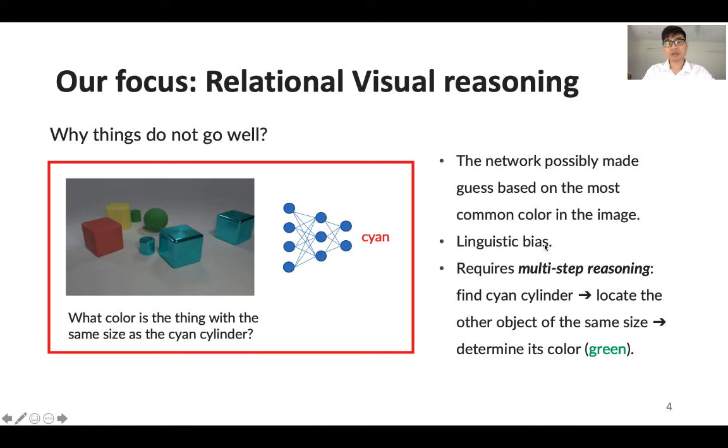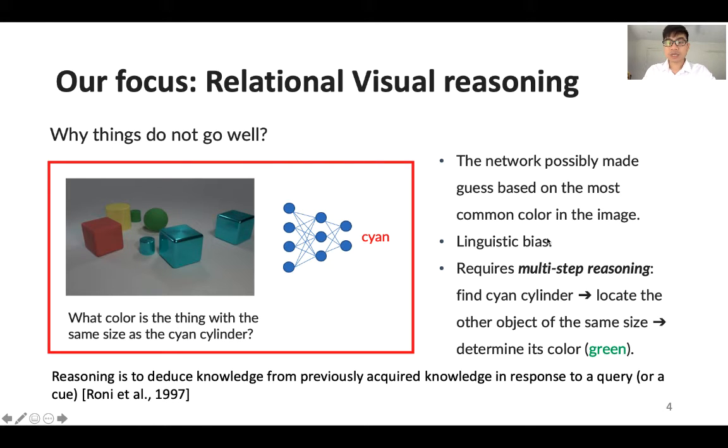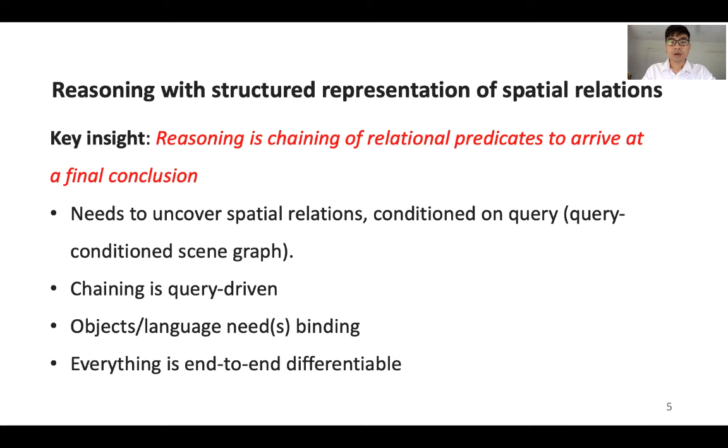Recall that reasoning capability is to deduce new knowledge from previously acquired knowledge in response to a query. Based on the general definition of reasoning in the previous slides, reasoning in the context of visual question answering is the ability to chain relational predicates to arrive at a final conclusion.